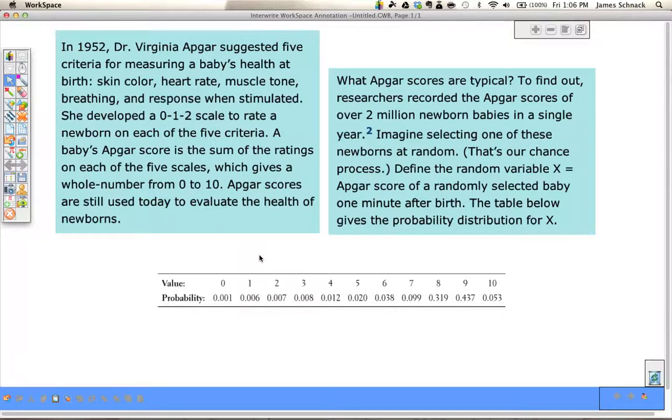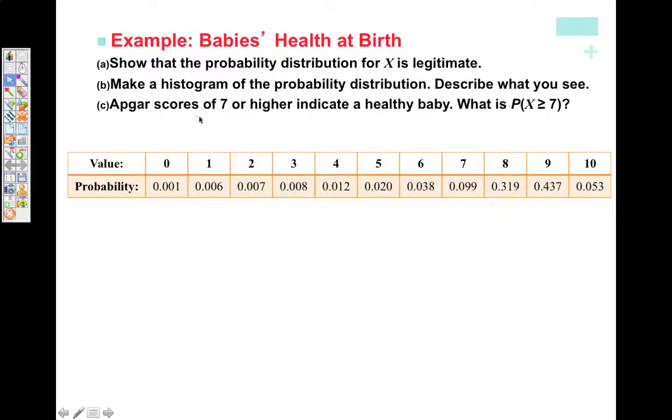Number from 0 to 10, it evaluates the baby's health. So we have a probability distribution, or at least we have a table of possible values and probabilities. The question we're being faced with is, show that this is a probability distribution. Show that that's a legitimate claim, where x is our value for our score. We're going to make a histogram, describe it, and then we're going to find a probability.